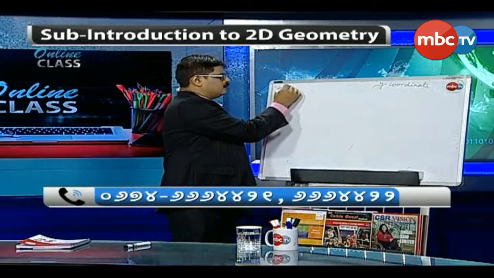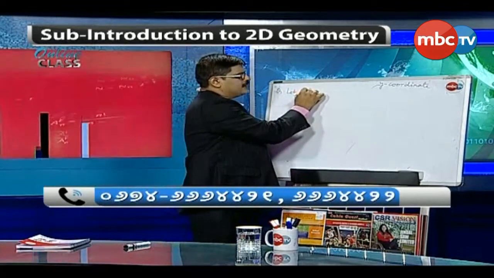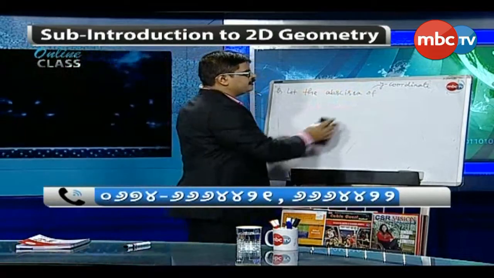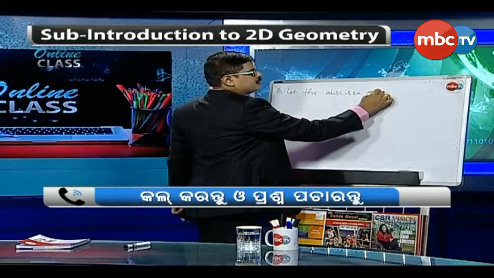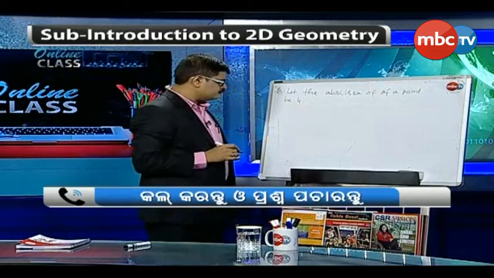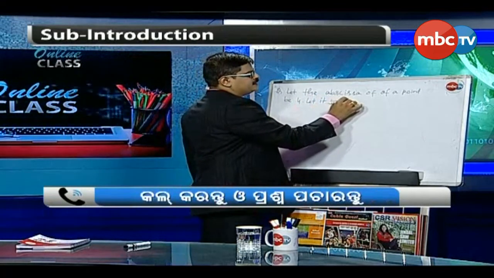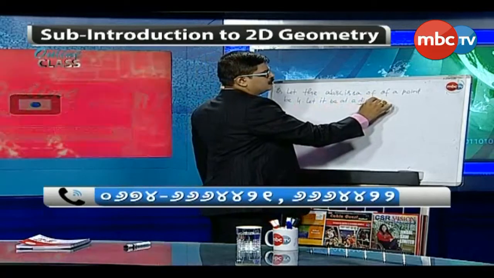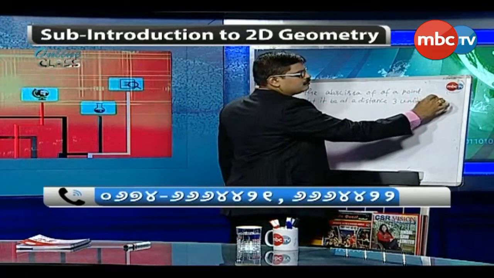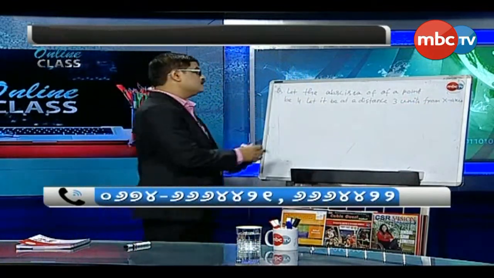Suppose the abscissa of a point is 4. Let it be at a distance 3 units from the x axis.